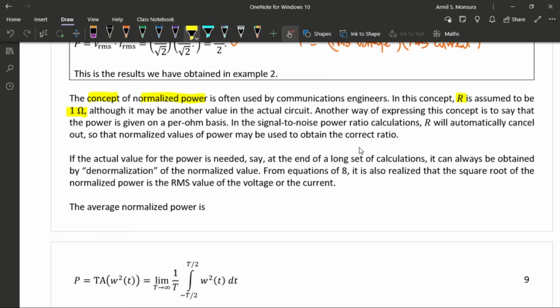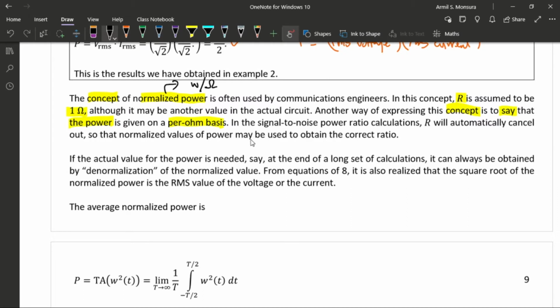Another thing about this concept is to say that the power is given on a per ohm basis. So kaya ang unit actually ng normalized power, supposedly, is watts per ohm.